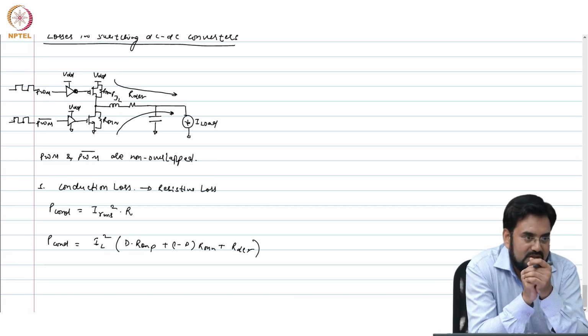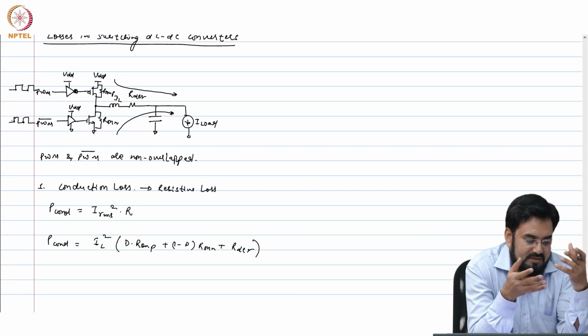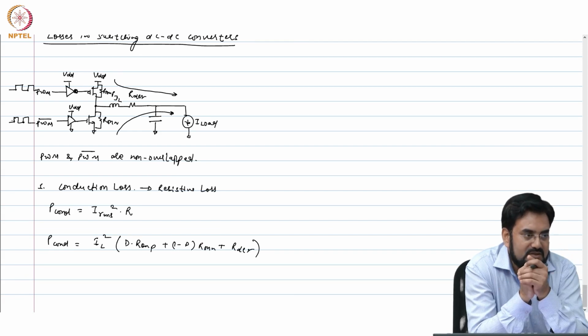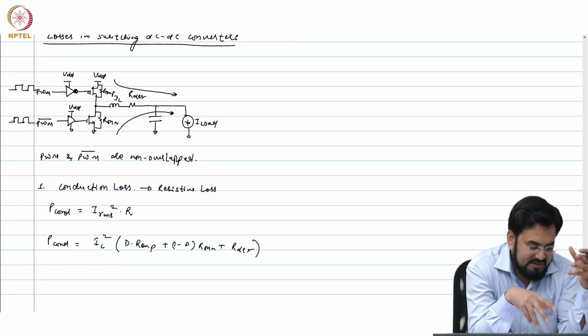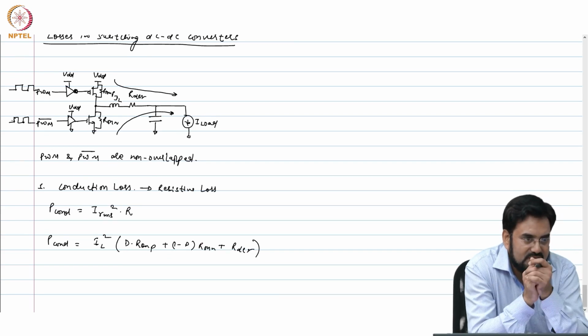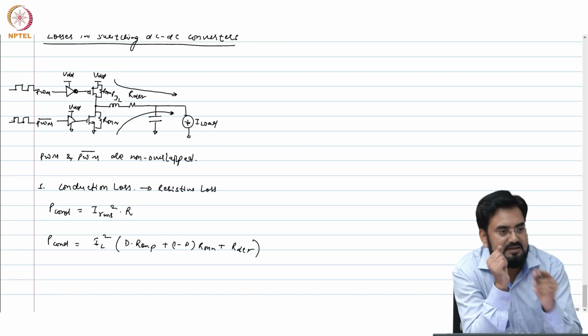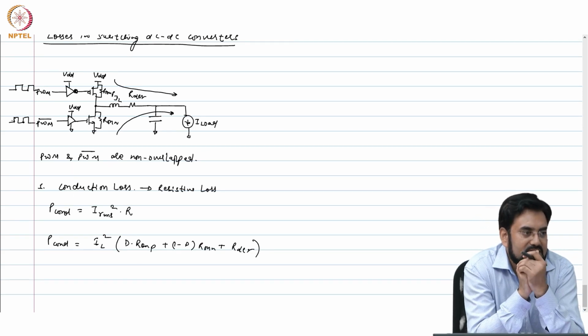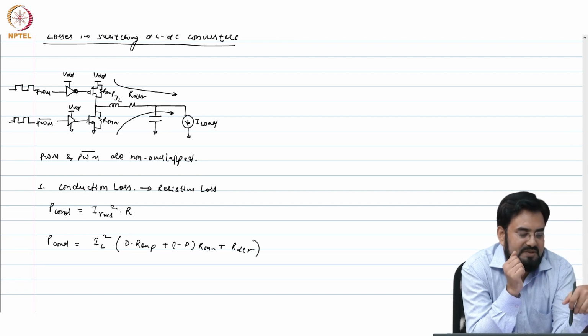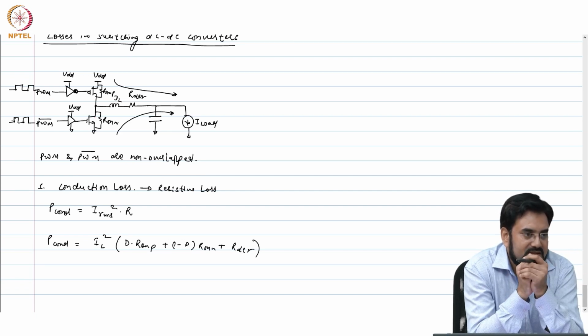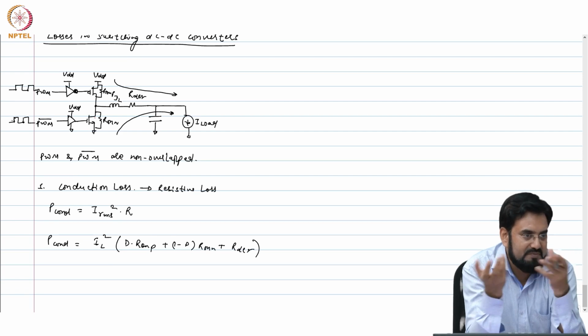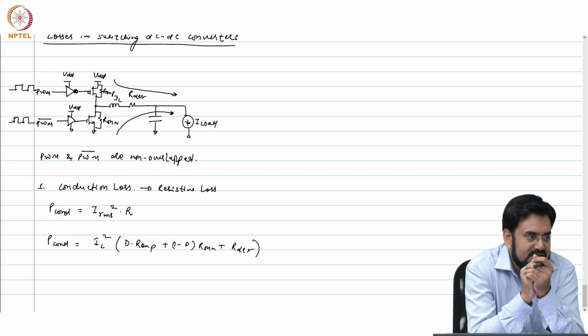Okay, so 100 milliwatt, which means 1 amp is the total current, and if you consider your RMS is roughly the same as your load current, so for 1 amp current, what should be the resistance? 100 milliohm. Okay, so that 100 milliohm should be split into RDCR and R on P, R on N. If you keep R on P and R on N the same, then you can split it, something like 50 milliohm each.